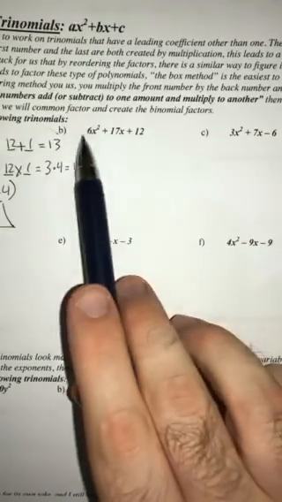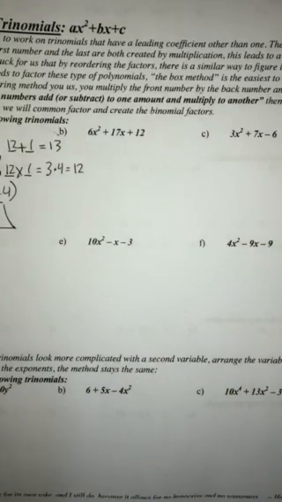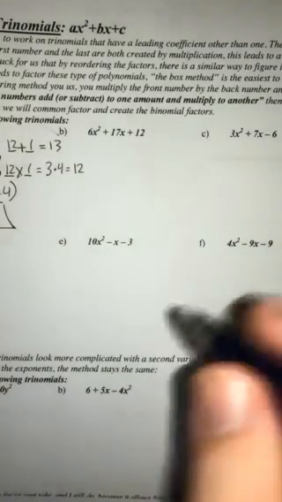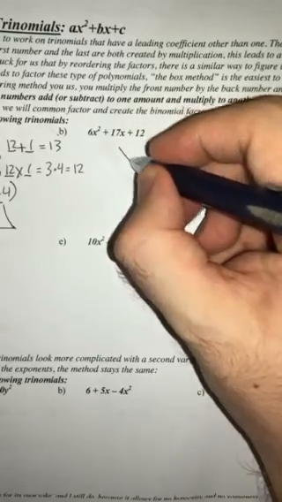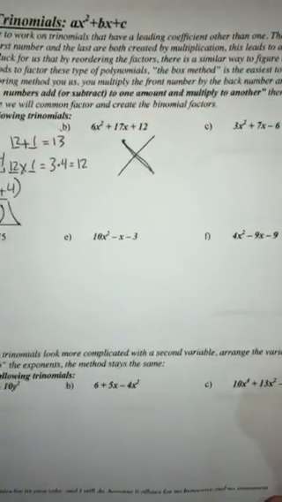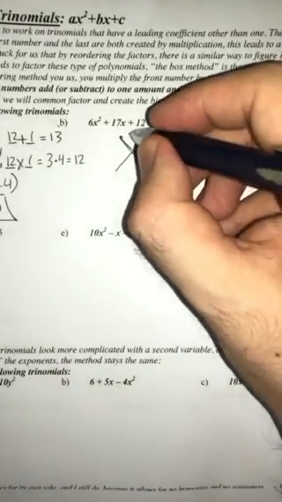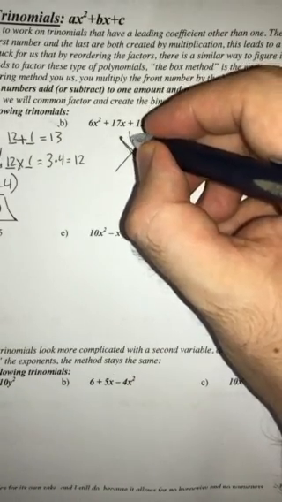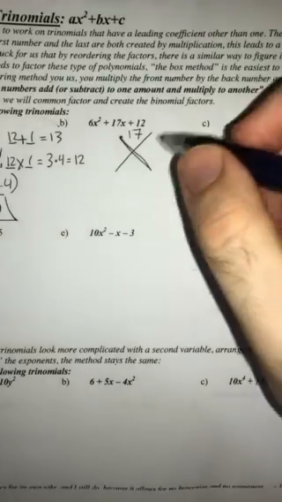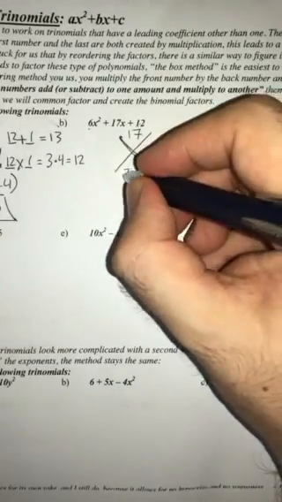So I want to figure out 6x squared plus 17x plus 12. So I'm going to set it up like this. I'm going to make an x here, and I need to figure out what two numbers are going to add to this middle number, 17, and multiply to 6 times 12. So 6 times 12 being 72.